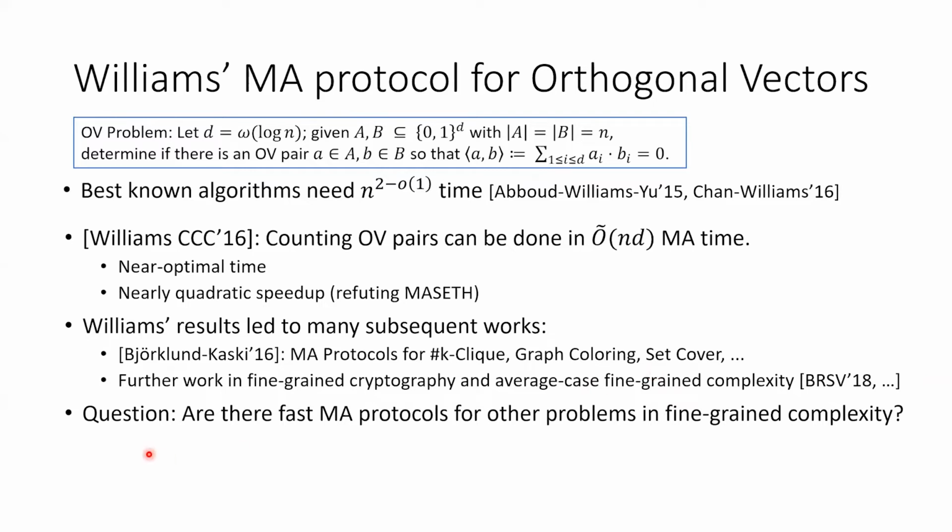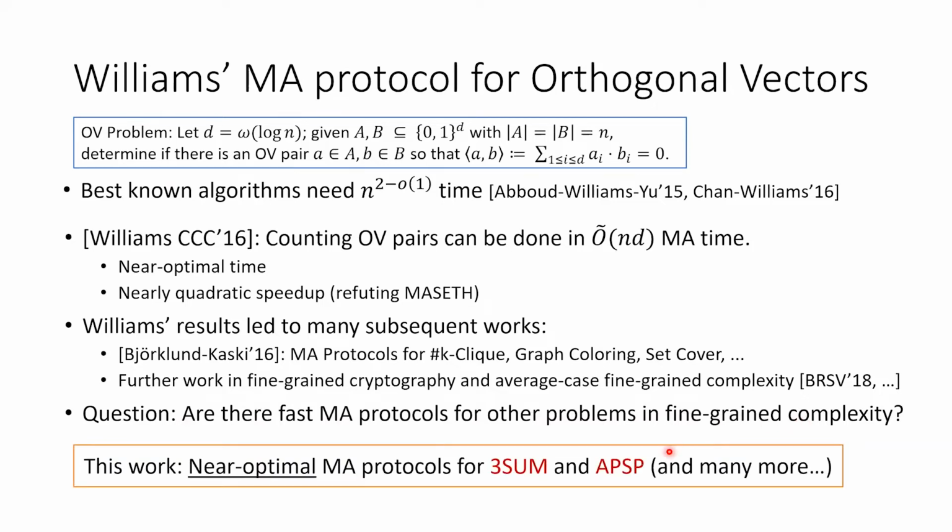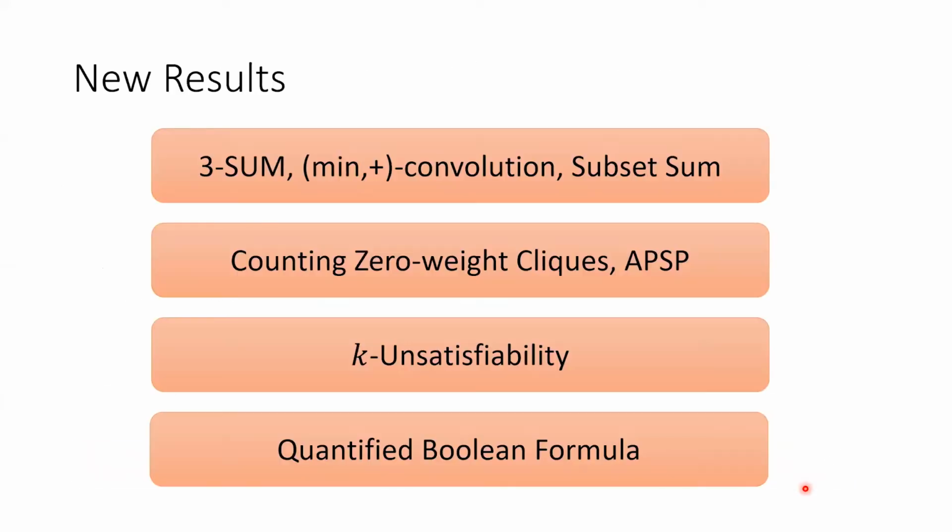Here we consider the following question. Can we get fast Merlin-Arthur protocols for other problems in fine-grained complexity? In this paper, we show the answer is yes. We can obtain near optimal MA protocols for 3SUM and APSP, which are two other central problems in fine-grained complexity. And we also have many more additional results.